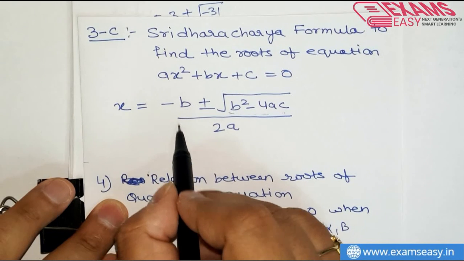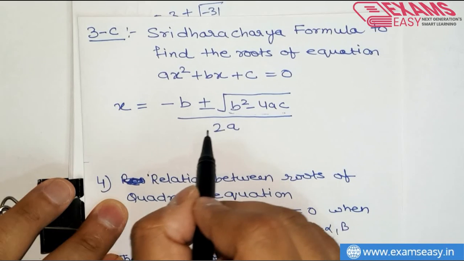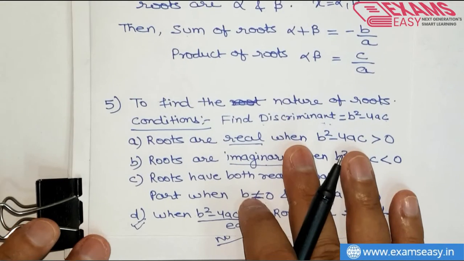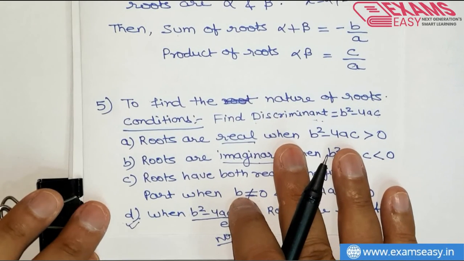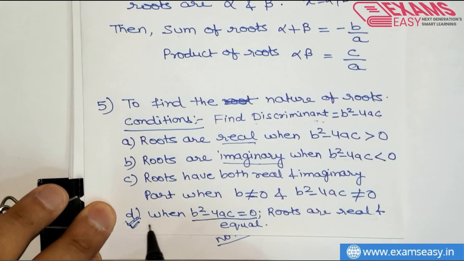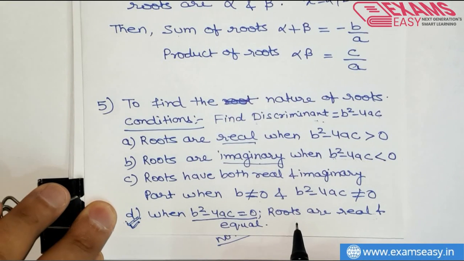The solutions will be minus b by 2a and minus b by 2a. So both the roots will be the same, and they will be real. So when b square minus 4ac is equal to 0, the roots will be real and equal. This is a very important condition, and you will find many problems based on it.